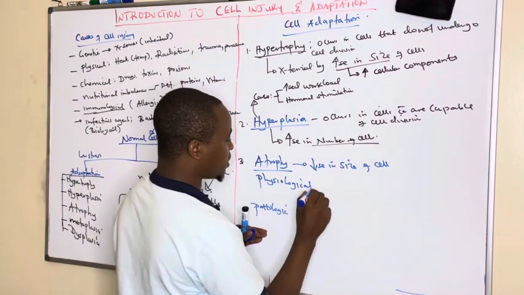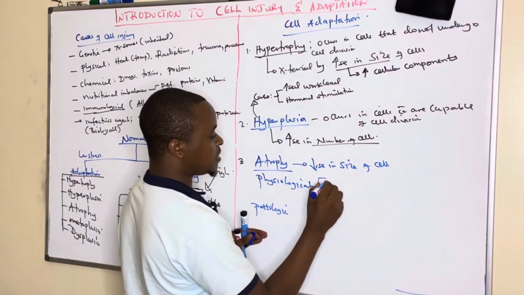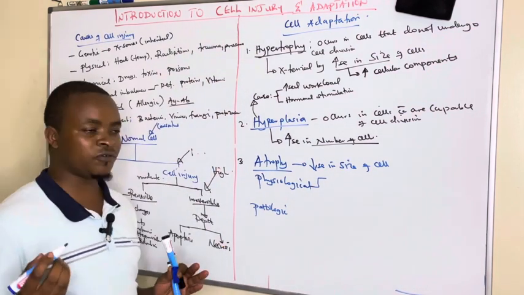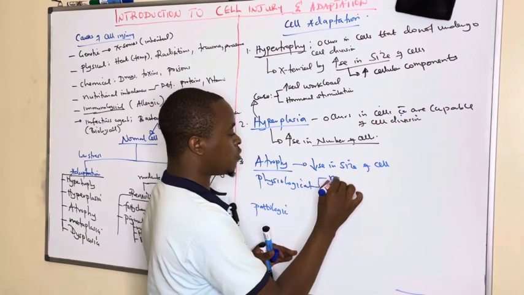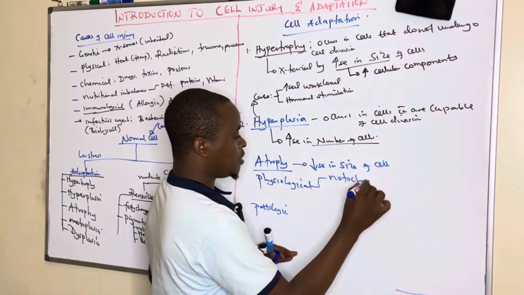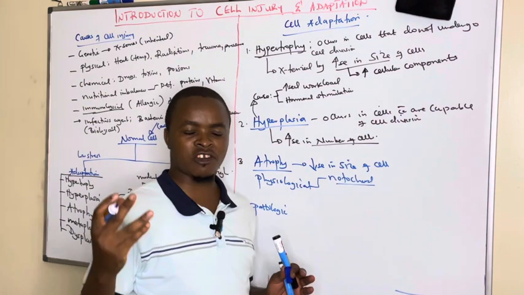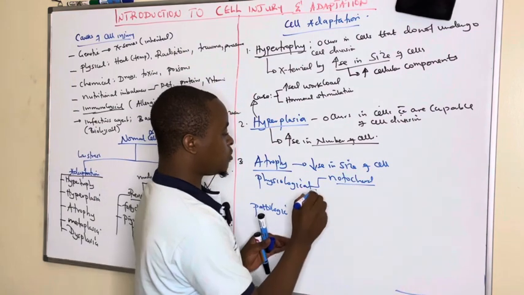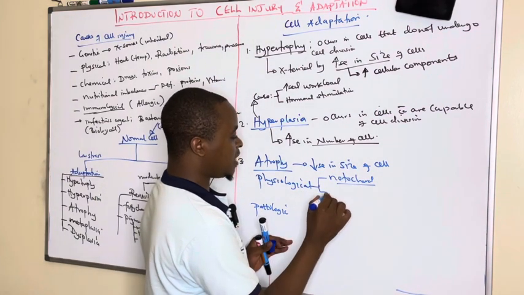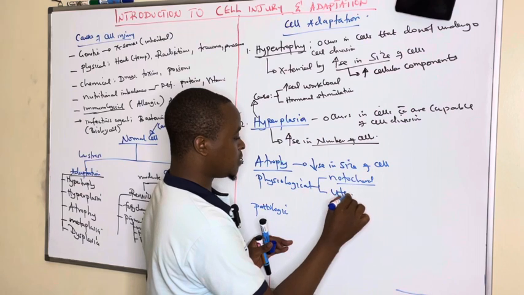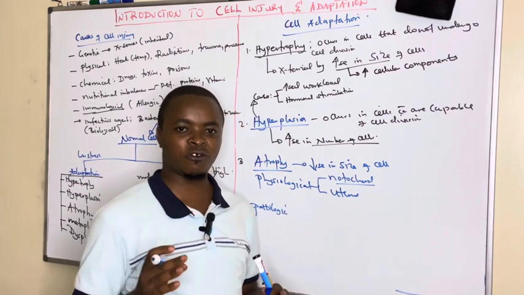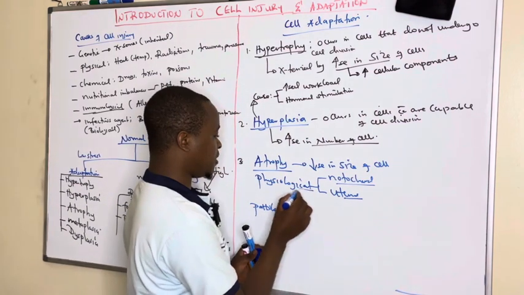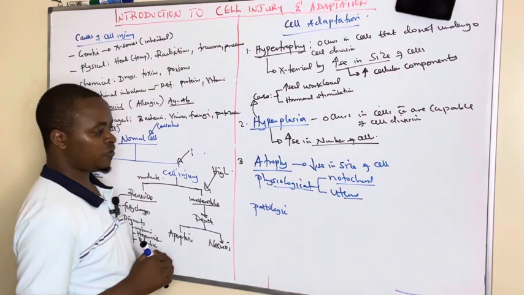The physiological causes are very important, like during embryonic life, the notochord disappears or undergoes atrophy. And also, in pregnant women after delivery, the uterus undergoes atrophy.